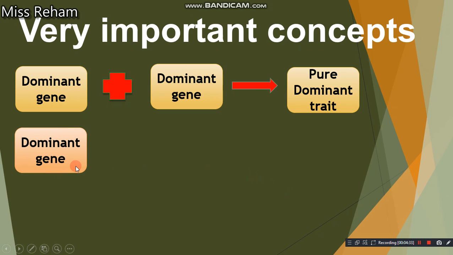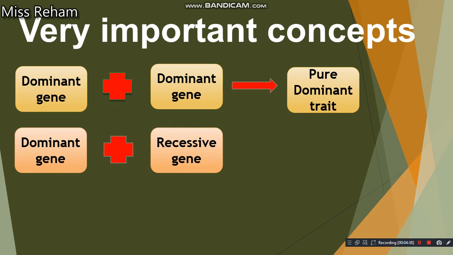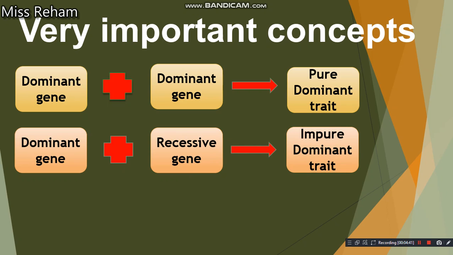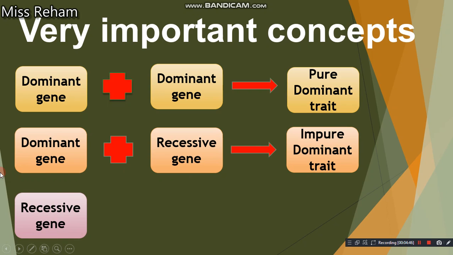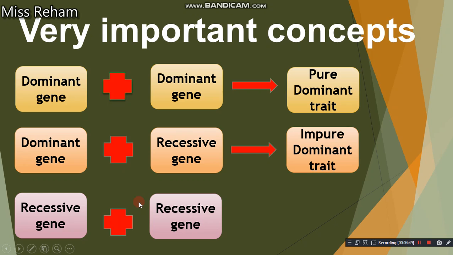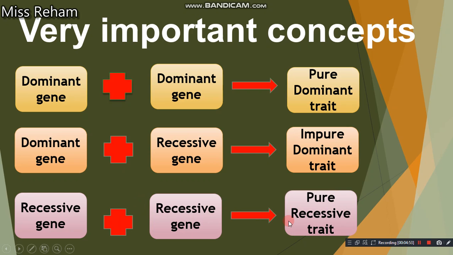And here in the second case, dominant gene with recessive gene produces impure dominant traits. In the third case, recessive gene with another recessive gene produce pure recessive traits.